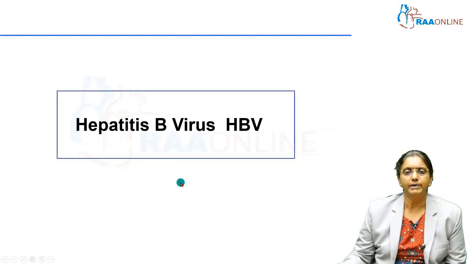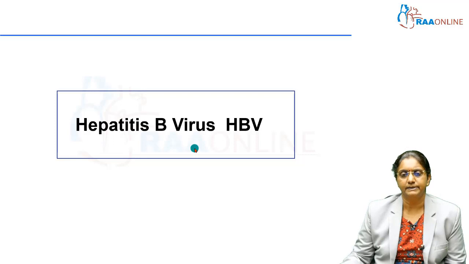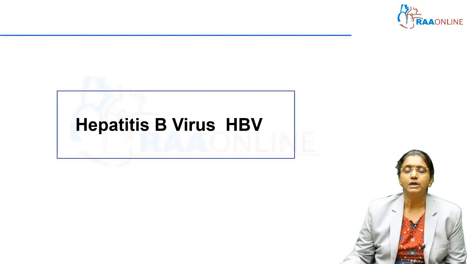This is a very common viral infection throughout the world. The problem with this B virus is that it can lead to a chronic hepatitis. So there can be a chronic infection of the liver, and it can lead to cirrhosis, and it can also lead to liver cell cancer, that is hepatocellular carcinoma. So this is an example of a virus which leads to cancer, but of course you can prevent this by using the vaccine.